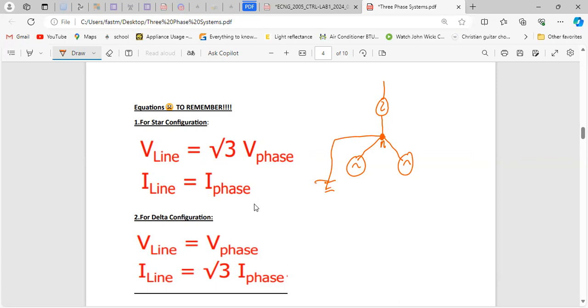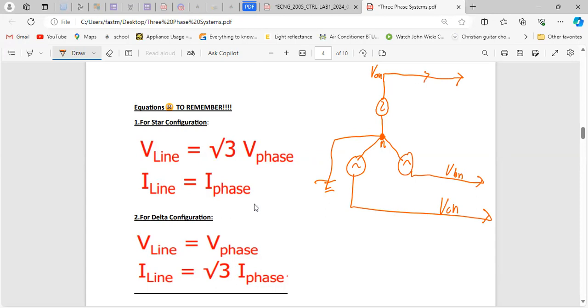Ground, right? So this on top here is VAN, right? This one at the bottom here is B, it'll be VBN, right? And this one here you could call VCN. Yeah. So that is how you would draw the star configuration, right?